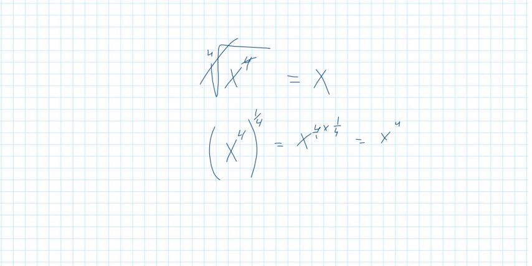So 4 over 4, that equals 1. So you see my answer is the same if I do a 4th root or if I do a power of a 1/4. They mean the same thing. Are you guys okay with that? It doesn't matter which one you do. Okay? But sometimes the question is going to ask you to go from this form to this form or the other way. You have to know both.